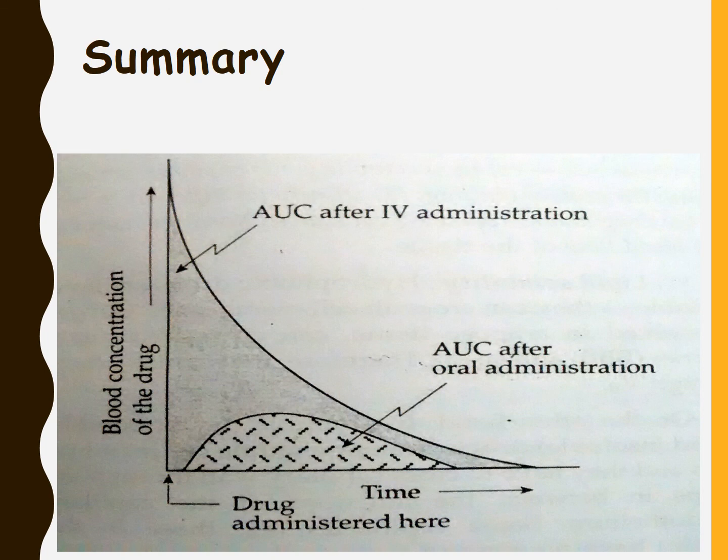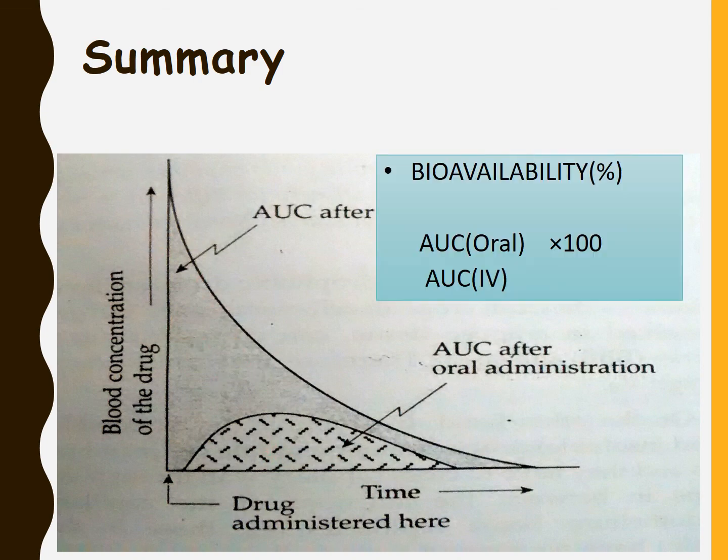We can find the bioavailability of a drug by calculating the area under the curve by IV and the area under the curve by oral. So here you can see the area under the curve by oral and by IV. The bioavailability will be the area under the curve by oral divided by the area under the curve by IV. So this is the method of finding bioavailability.